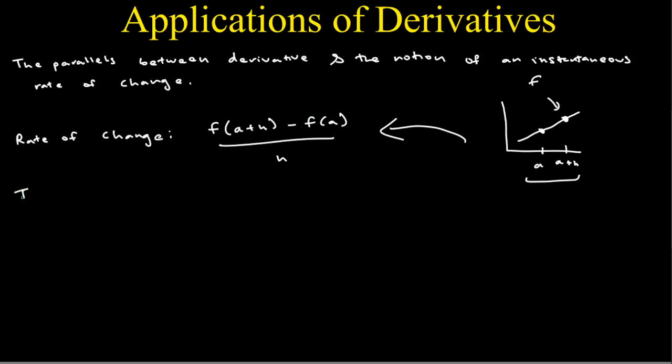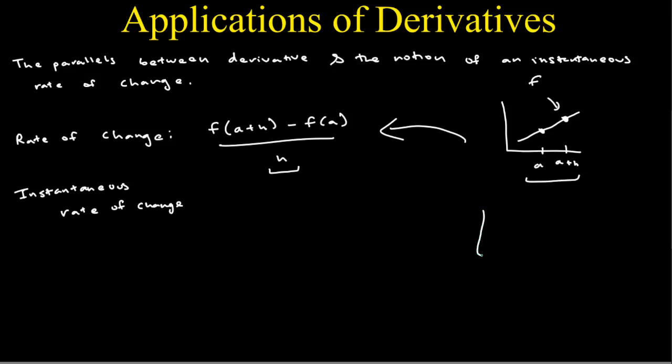So what is instantaneous, though? Instantaneous rate of change. When you think of an instant, the rate of change we've described is over some non-zero time period h. When we're finding rate of change over a pretty large interval, we're averaging things out.